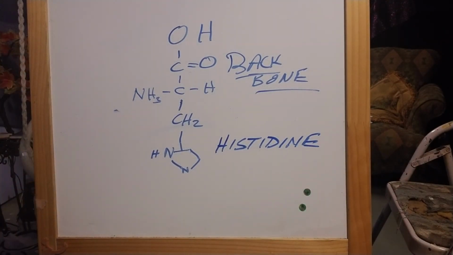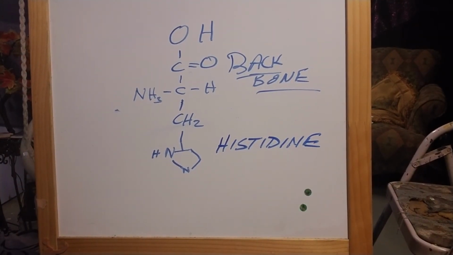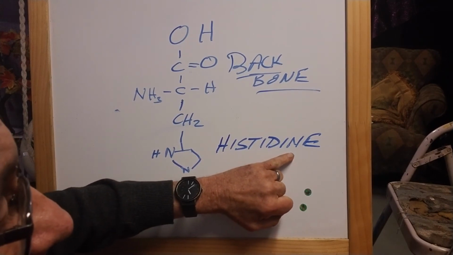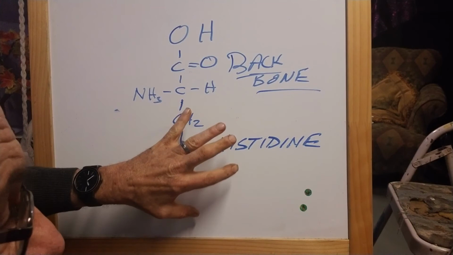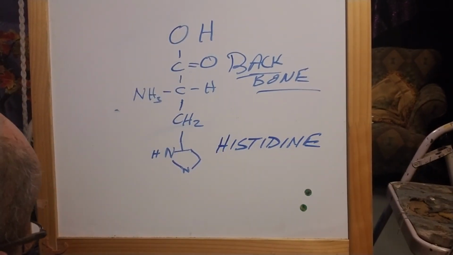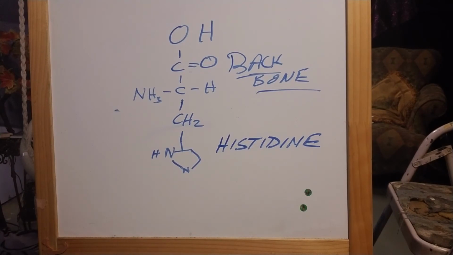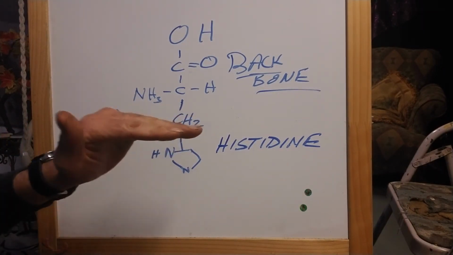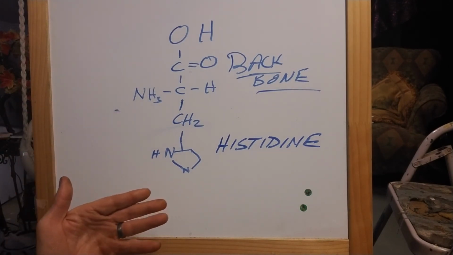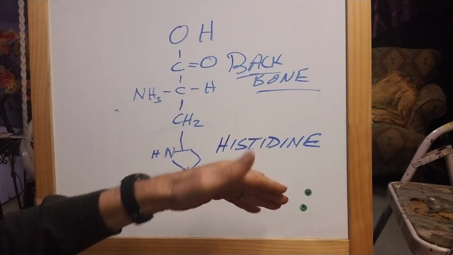Now, I stated earlier that amino acids are the building blocks of proteins, and they certainly are. Histidine, for example, is in many proteins. But there are other chemicals which the amino acids are the precursors of, like the tryptophan was for the serotonin.